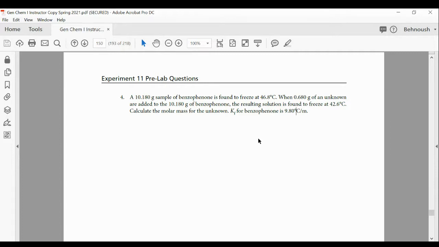So number of moles would be molality times kilogram of solvent. When you have number of moles, you can find the molar mass. Molar mass then is mass divided by number of moles. Okay. So you have to do 1, 2, 3.